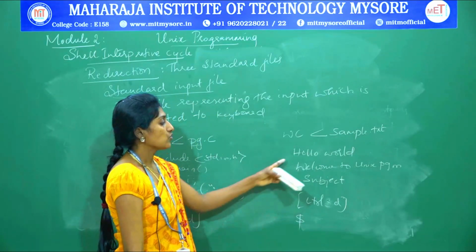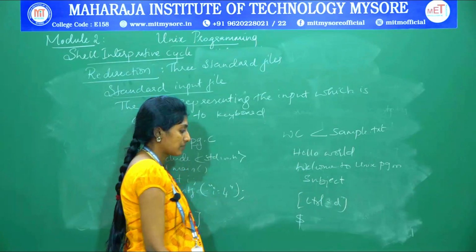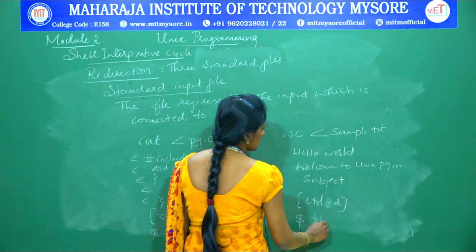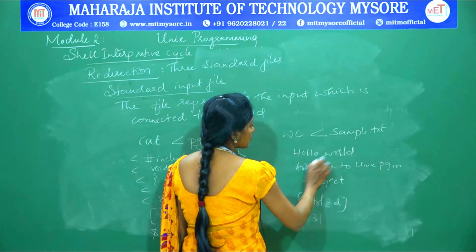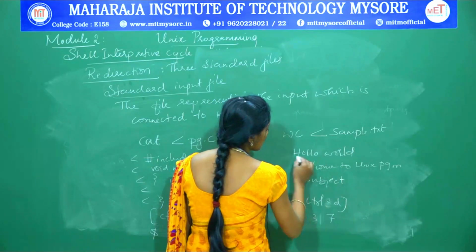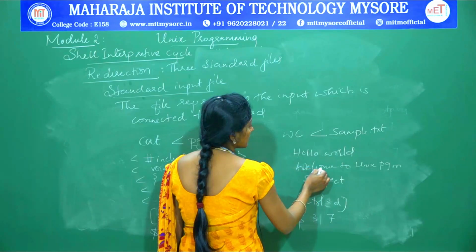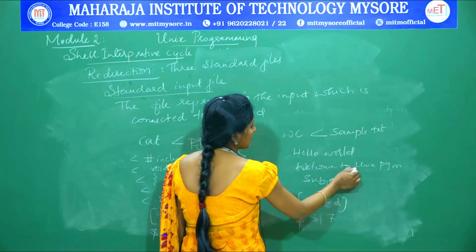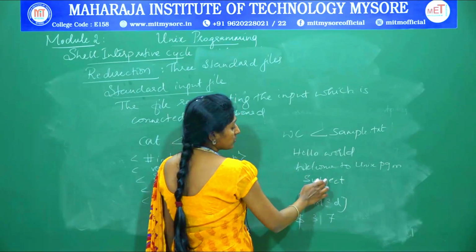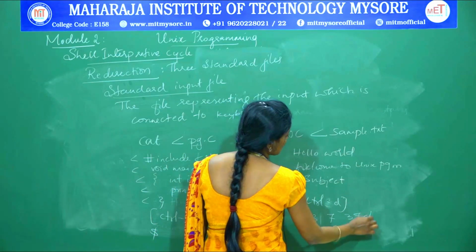So now how many lines do we have? After pressing Ctrl D it is going to display 3 lines. How many words? 1, 2, 3, 4, 5, 6, 7 words. Characters it is going to count: 37 characters.